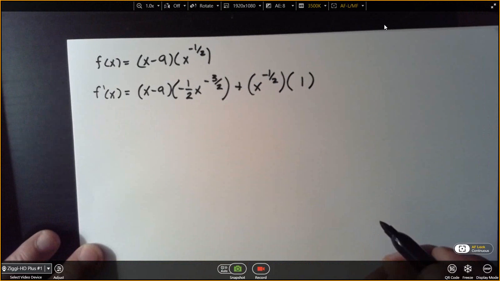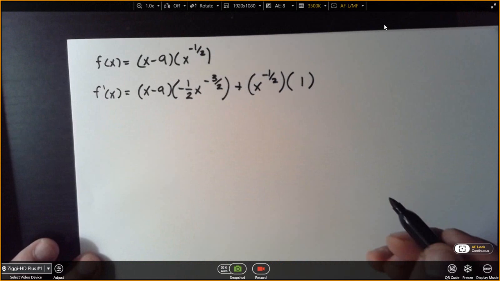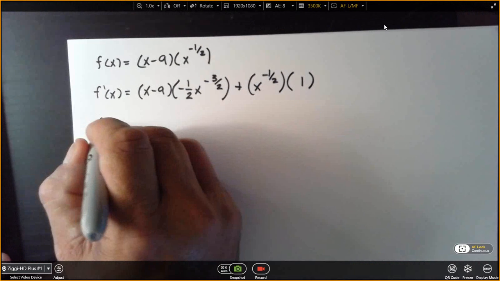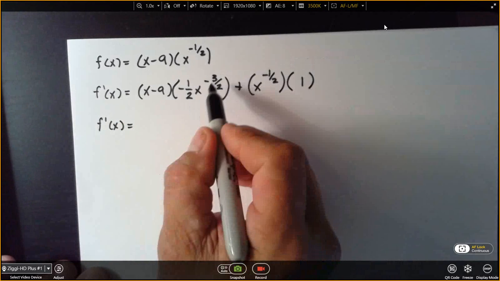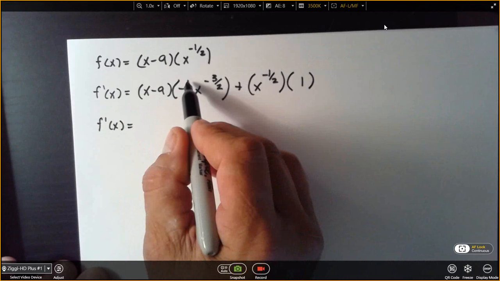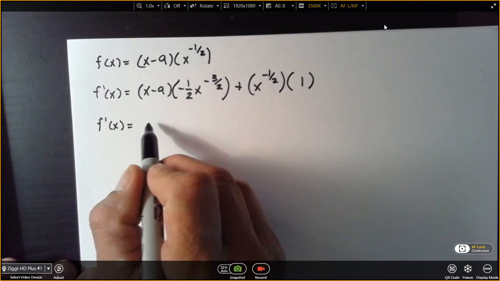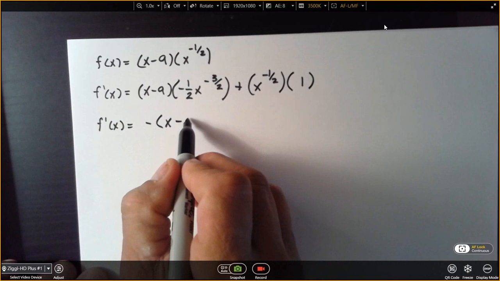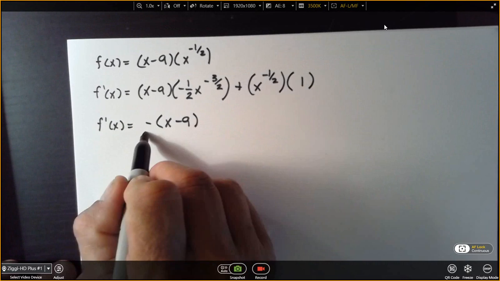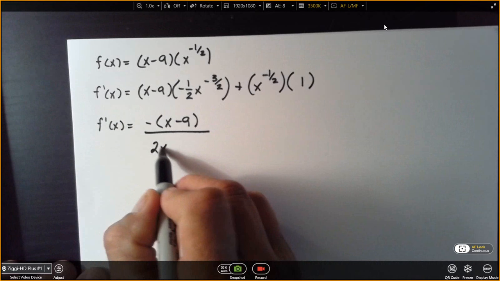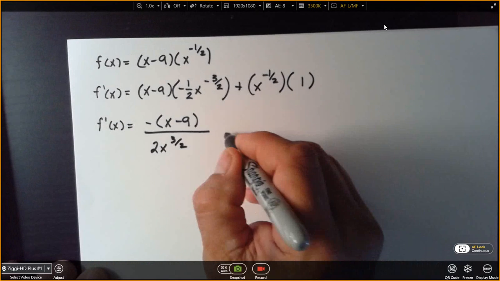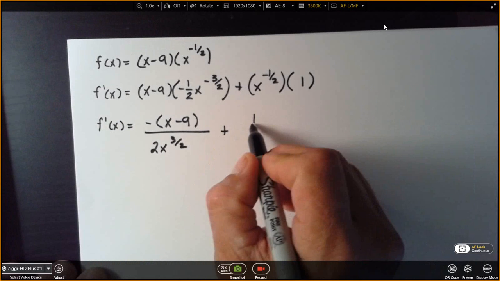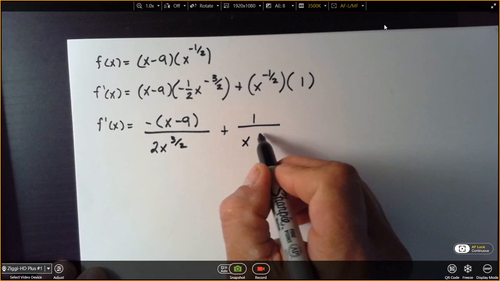So now we've kind of got what we had a while ago. F prime of x is equal to, I'm going to bring that x minus 9 with this 1, so negative x minus 9 over 2x to the 3 halves plus 1 over x to the 1/2.